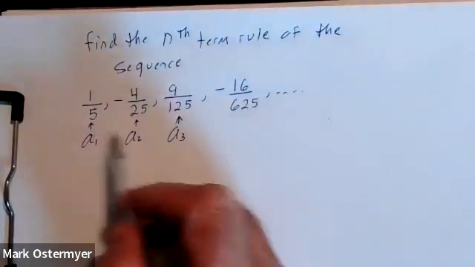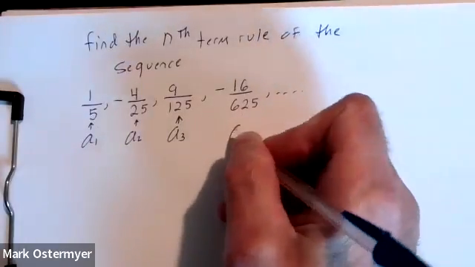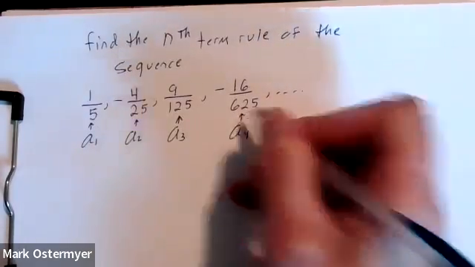So here's the first term, second term, third term, fourth term of the sequence that's provided.